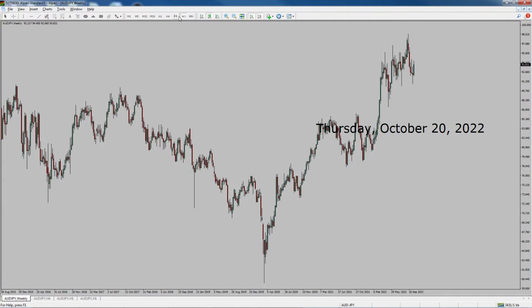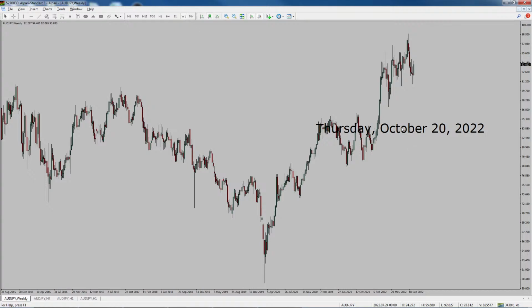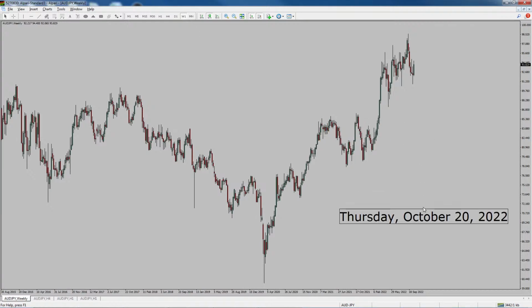Now, once we get this idea, the next thing I'm going to do is look at the chart and see what kind of a pattern we are getting.